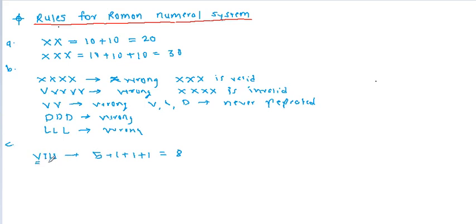We can see this number on clocks also, where 8 is represented as VIII. So if we write LXV, L is for 50, X is for 10 and V is for 5. So the total is 65.